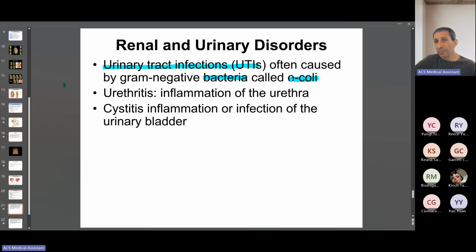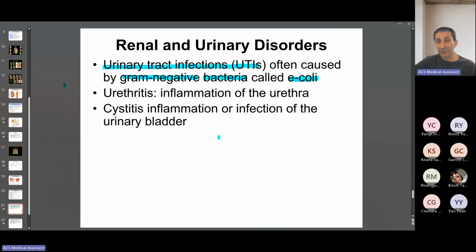Now, one particular thing about this bacteria is that it is a gram-negative bacteria. Why? Because we have gram-positive and gram-negative. Bacteria that is gram-positive is a good bacteria. That's the one that we call Staphylococcus. We went over these bacteria during medical terminology.